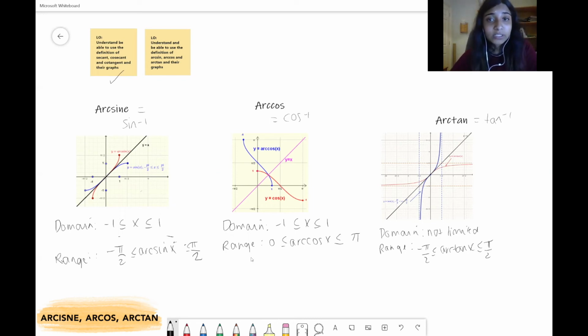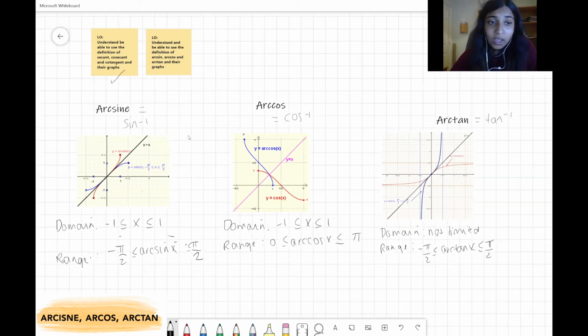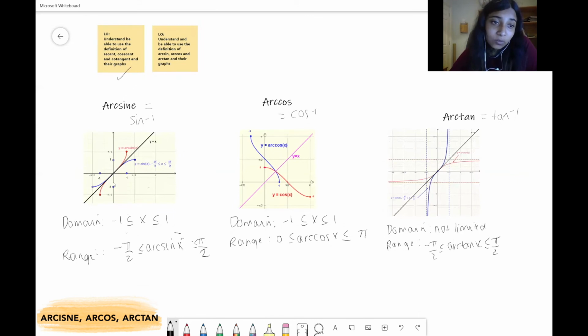So for arcsine, the inverse of sine, I've drawn the 2 graphs, with the blue being sine x and the red being arcsine x. We want to limit the domain of sine x, so we've limited it to between minus pi over 2 and pi over 2.